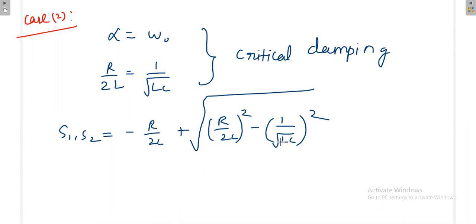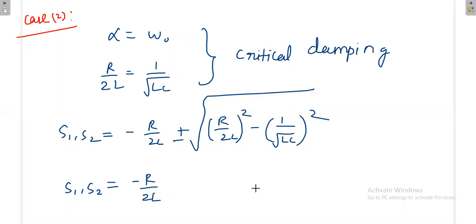Once R by 2L is equal to 1 by square root of LC, these two terms are equal, so we will not get the second term. We only get the first term, just minus R by 2L. Now there are two roots. The roots are repeated and also negative.